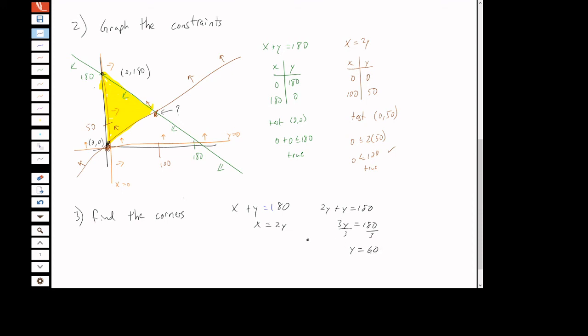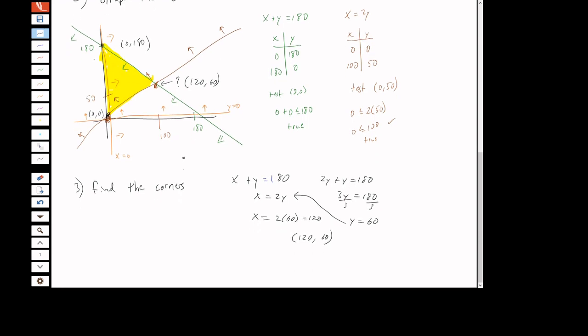I can plug that in over here to get x equals 2 times 60, or 120, and I have this point 120, 60. And that looks reasonable based on my graph, right? 120 looks about where we are, bigger than 50 on the y's, so 60 looks about right. Okay, so I have these three corners.